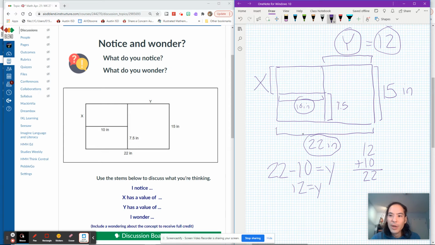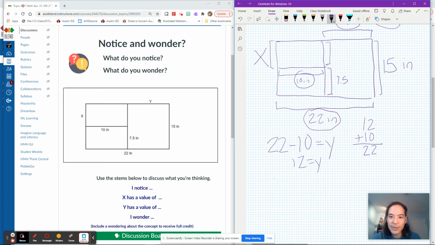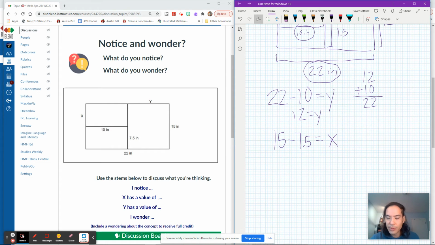And then over here, we have the full side is 15, and part of it is 7 and 5/10. So that means x is the rest. The way we could do that is we could say 15 minus 7 and 5/10 equals x. Or you could say 7 and 5/10 plus x equals 15. Once again, we're using those variables.